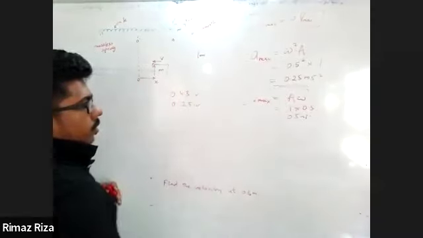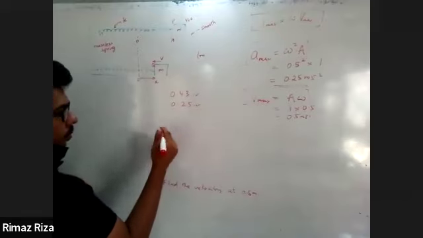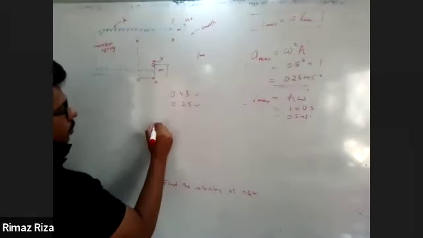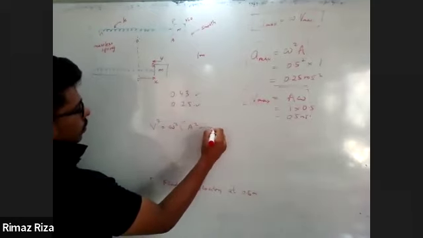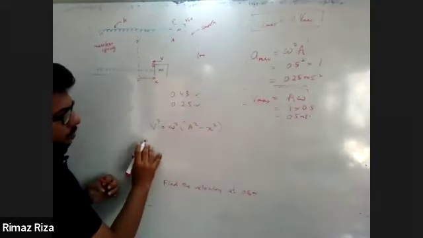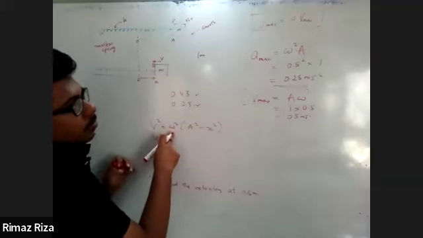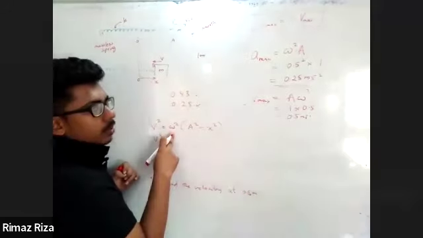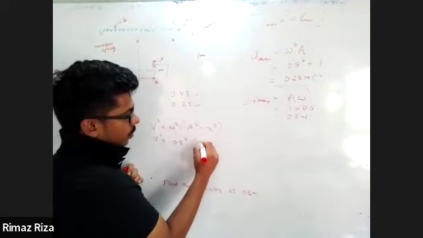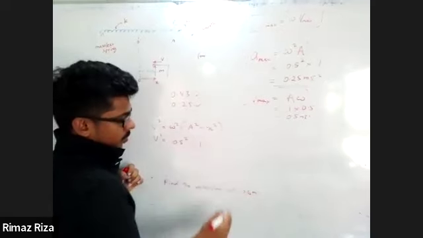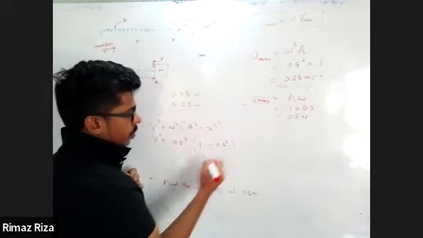So both are acceptable. To find the velocity at any instant, we have this formula: V squared equals omega squared times (A squared minus x squared). The value of omega we found is 0.5. So 0.5 squared, A is 1, squared is 1, minus x is 0.5, so 0.5 squared.